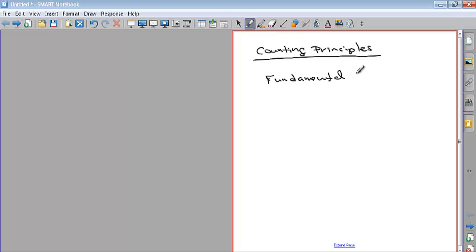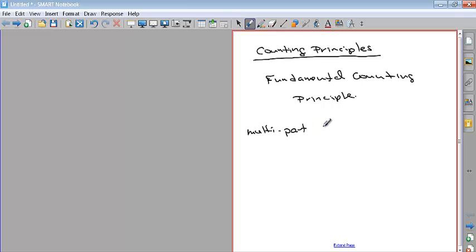And really everything we've done is based upon the fundamental counting principle. It basically says that if you've got a multi-part event, so you might be flipping a coin 5 times, you may be picking people out to be officers, you may be picking people for a committee, those kinds of situations. And there are a number of choices for each part.